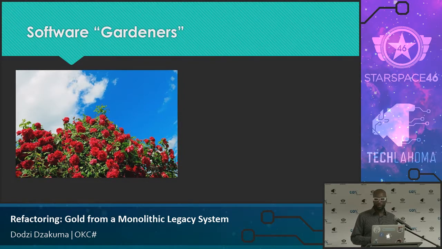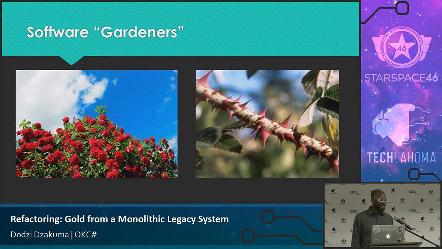Has anyone dealt with an out-of-hand rose bush at their house? Or seen an out-of-hand rose bush at somebody's house? I see some nods, yes. Okay. Imagine going into that code base that's just terrible. This is what it feels like, right? Dealing with thorns, it's painful. You got to get the gloves on. You got to go into it. So this is probably a more appropriate metaphor.